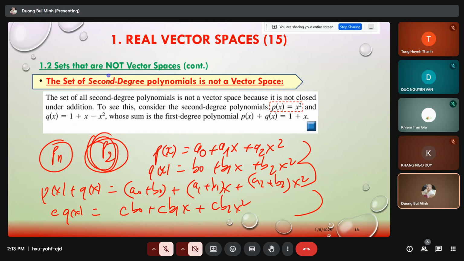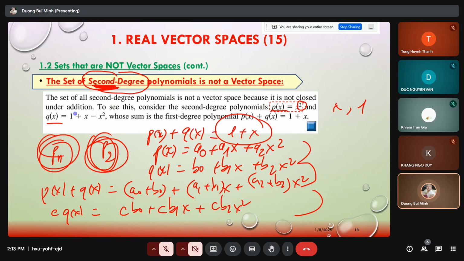But now look, we have polynomials, but we only consider the secondary, the x squared term here. We cannot have x or 1, we just have x squared. So now if we say p(x) like this and q(x) like this, and then we apply axiom 1, p(x) plus q(x) is a 1 plus x.